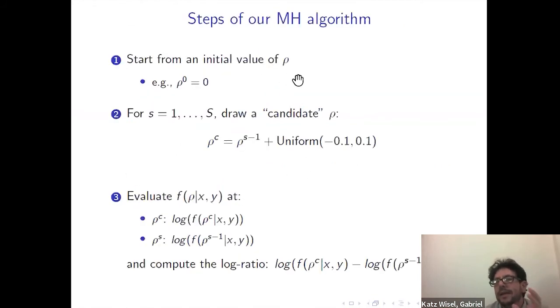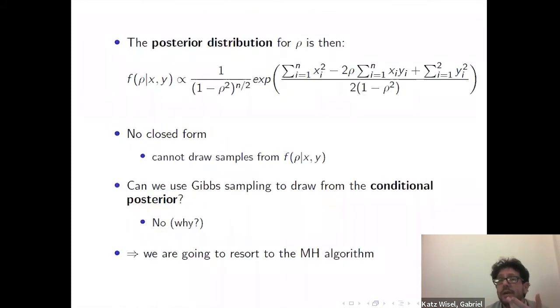So again, in our problem, the idea is we start with a certain value of rho, for instance, 0, right? And at each iteration of the algorithm, we draw a candidate value using a uniform proposal. We evaluate the posterior distribution of rho, which we know. It's just that we cannot generate values from this, but once we have a value of rho, we can plug that value of rho here, and we can compute this value.